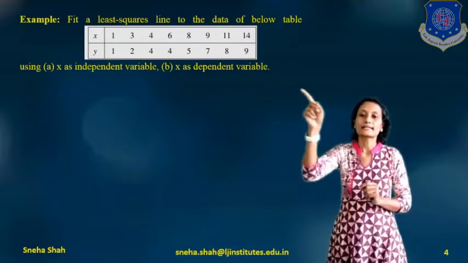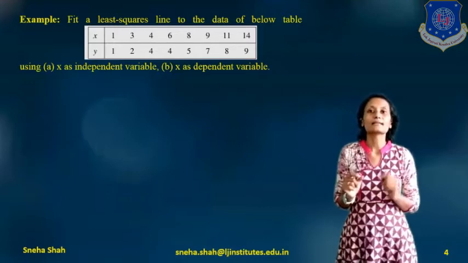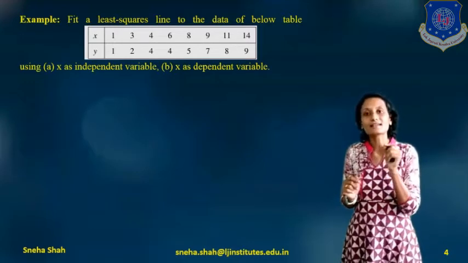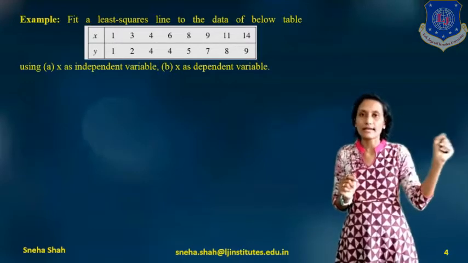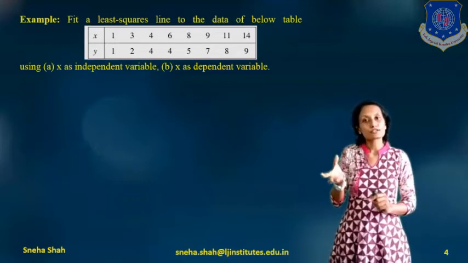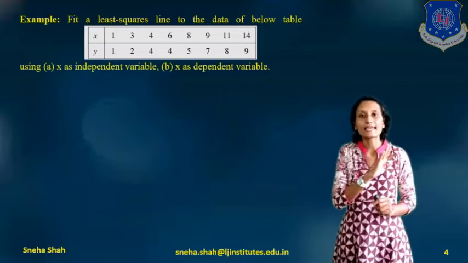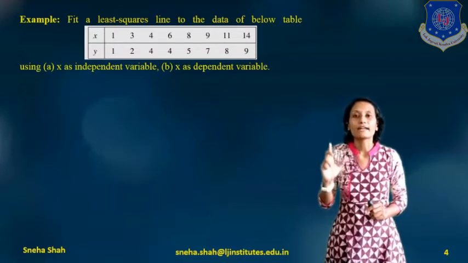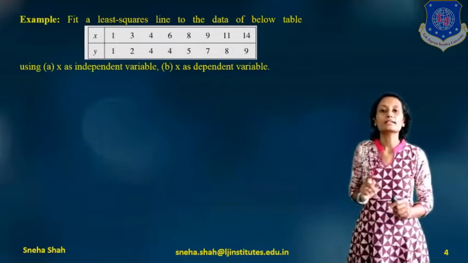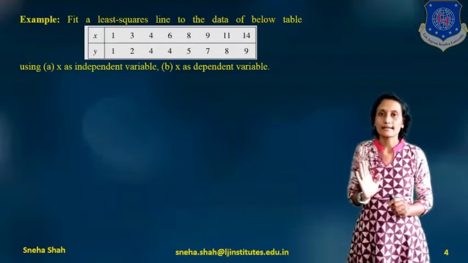And if x is the dependent variable, then it will be represented as x equals a plus by. For this, the normal equations will be different, so the values of constants a and b will be different, and from that we derive different equations at the output.